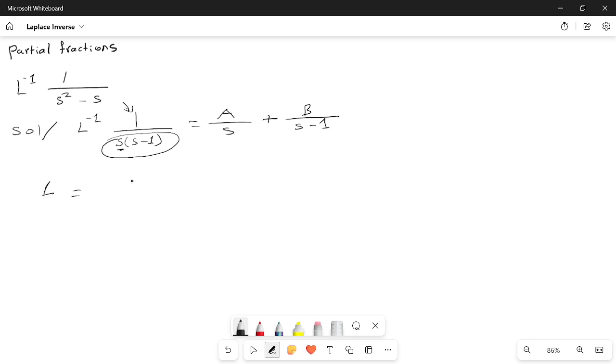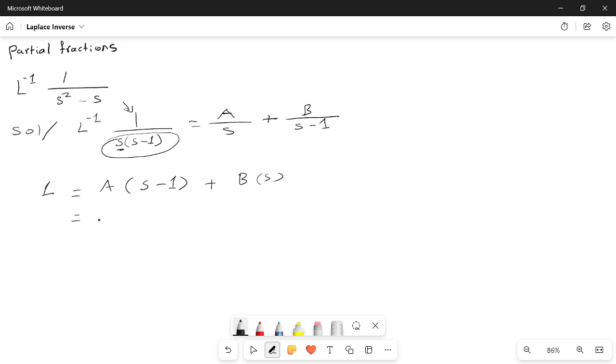equaling A multiplied by s times s minus 1 divided by s, which would equal A multiplied by s minus 1, plus B multiplied by s minus 1 times s divided by s minus 1. In that fraction, the s minus 1 cancels out, therefore we are left with just B multiplied by s.